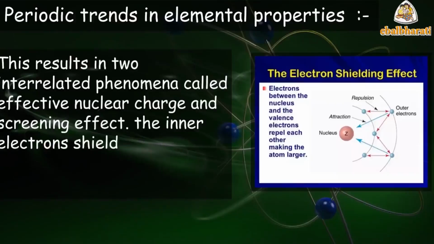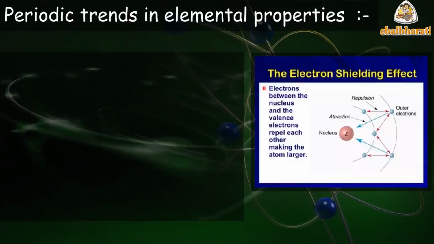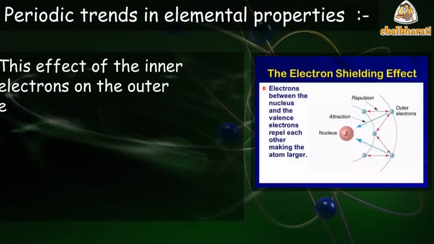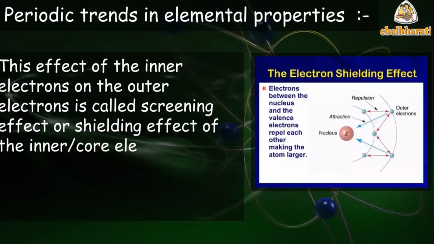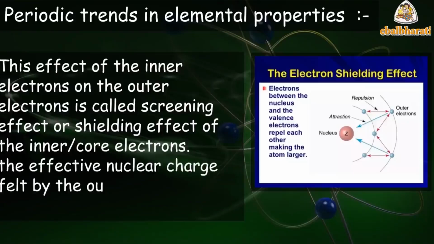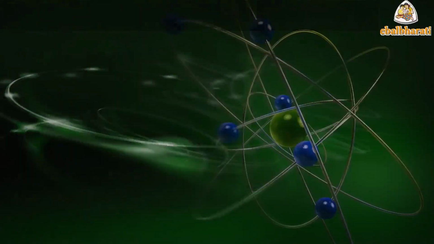The inner electrons shield the outer electrons from the nucleus to a certain extent. This effect of the inner electrons on the outer electrons is called screening effect or shielding effect of the inner or core electrons. The effective nuclear charge felt by the outer electrons decreases largely down a group.